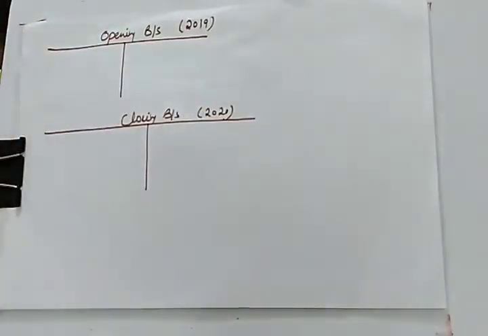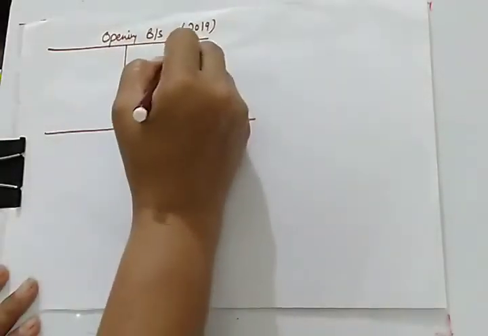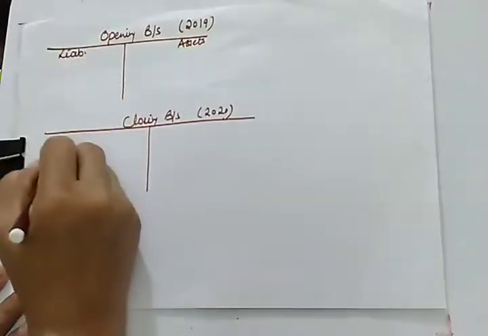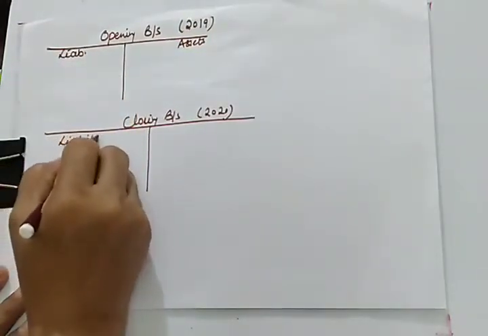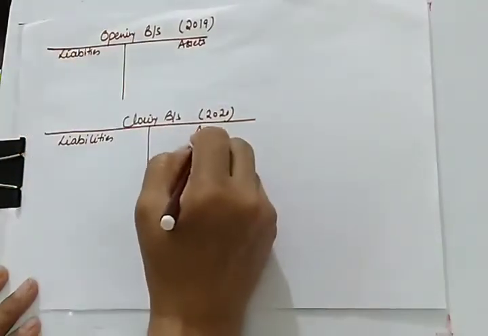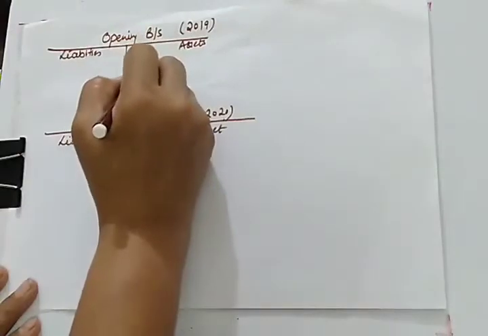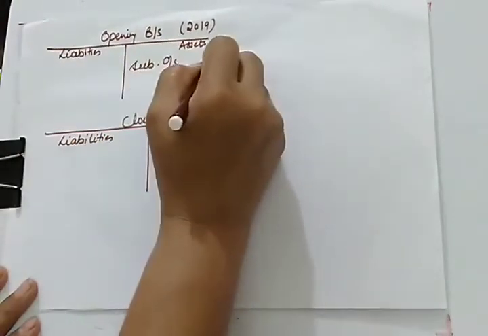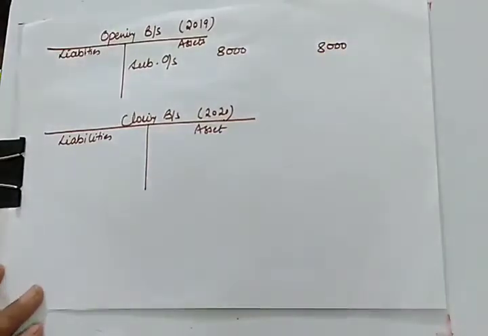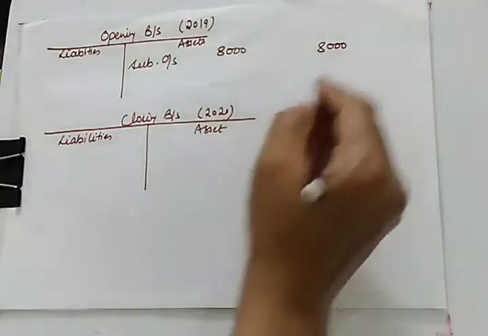So it is clearly mentioned in the question, if you see the second last line, that previous year subscription was outstanding 8,000. So you can write on the asset side of the balance sheet, this is liability side, liabilities, and this is my asset side. Subscription outstanding were 8,000, and out of 8, it is clearly mentioned that 5,000 is received during the year.